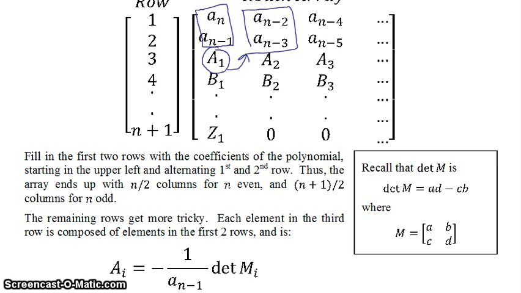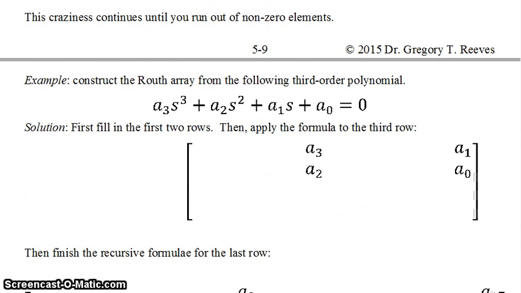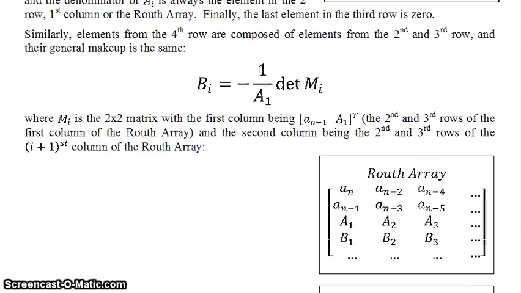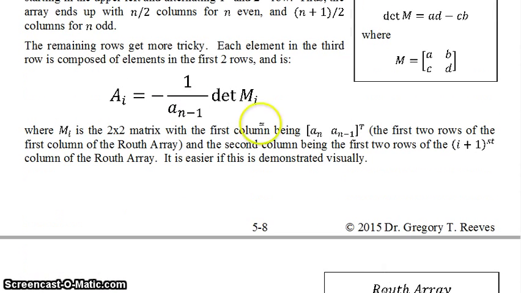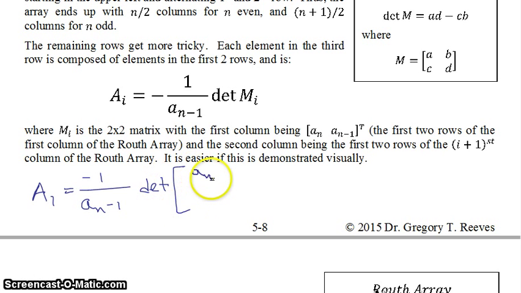So in the end, for this element A_1, you get this expression: A_1 is equal to minus 1 over a_(n-1), which is what it always is, times the determinant of the matrix with entries a_n, a_(n-2), a_(n-1), a_(n-3).